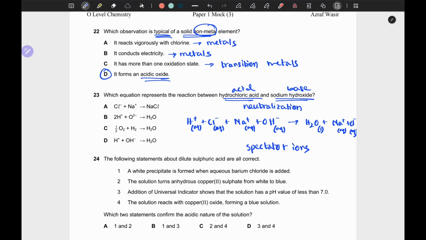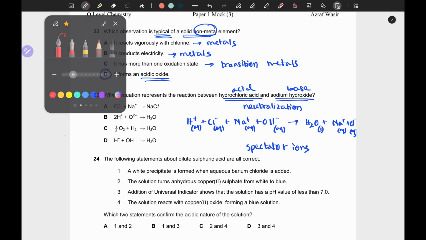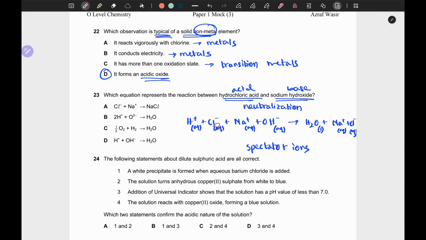And the goal, for ionic equations, is that we remove the spectator ions. So in this case, chloride ions are present on both sides, so that's a spectator ion. Na+ ions are present on both sides, so that is also a spectator ion. So our finalized equation is simply H+ plus OH- forming H2O. And this is the ionic equation for any neutralization reaction. So that is why the answer for this one is going to be D.